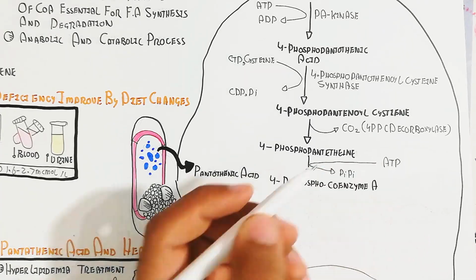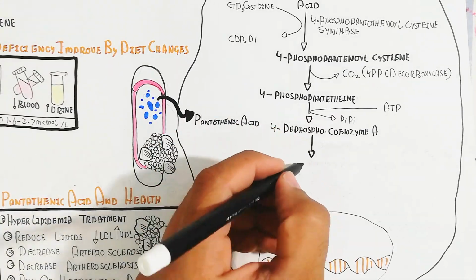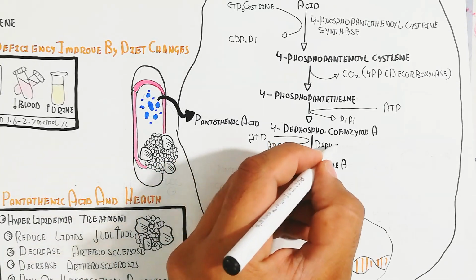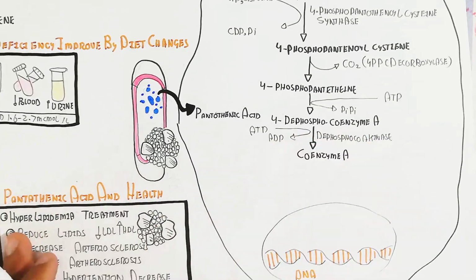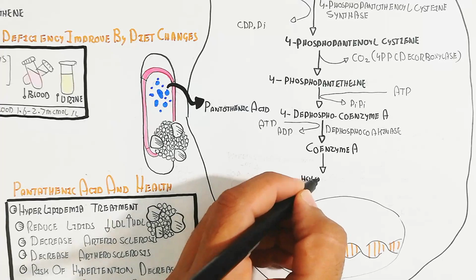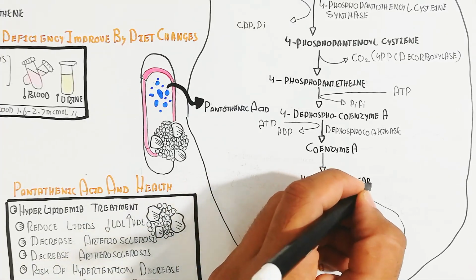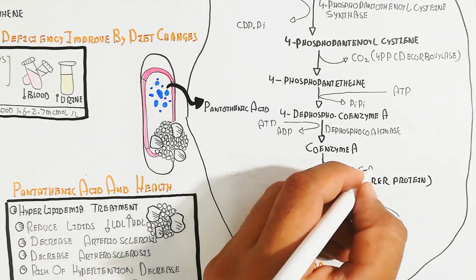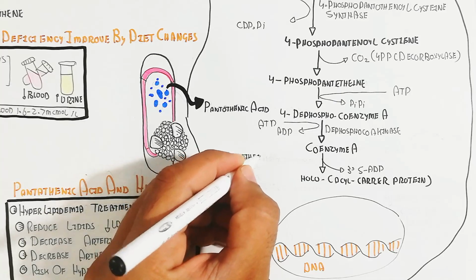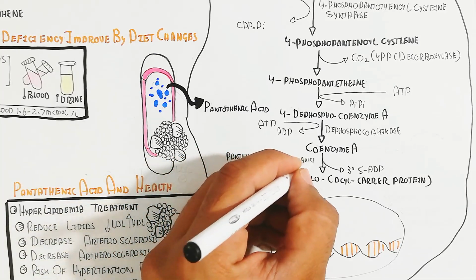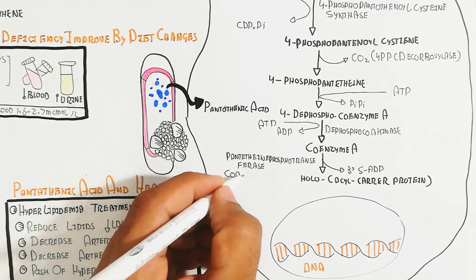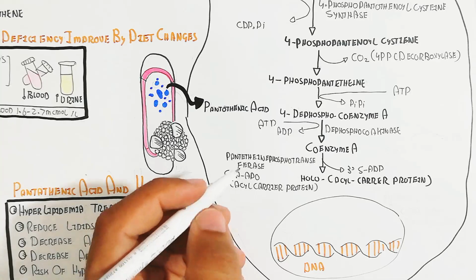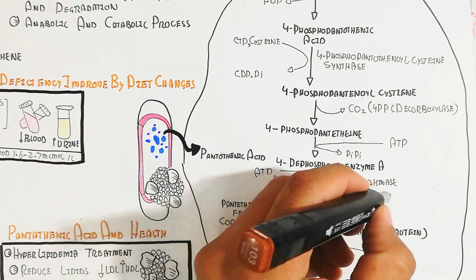Here ATP is used and pyrophosphate is released, and dephospho-coenzyme A is formed. Again ATP is used in the presence of dephospho-CoA kinase to produce coenzyme A. This coenzyme A can again be converted to 4-phosphopantetheine, but coenzyme A loses 3',5'-ADP to form holo acyl carrier protein, and also the apoprotein acyl carrier protein.